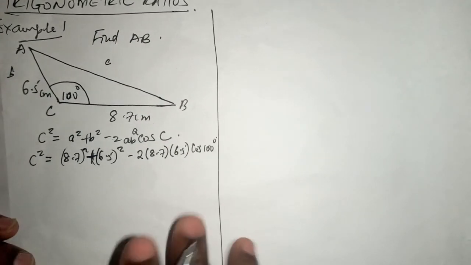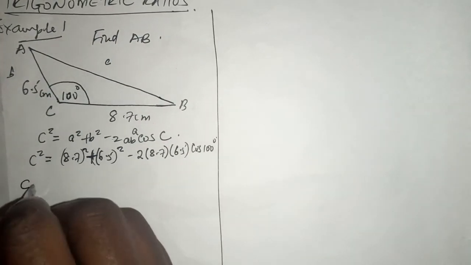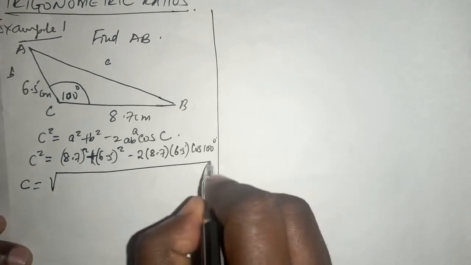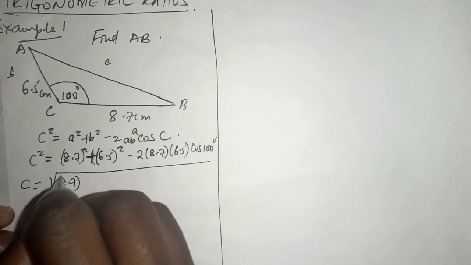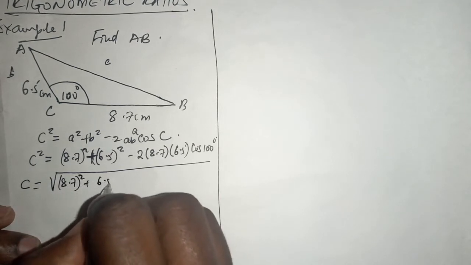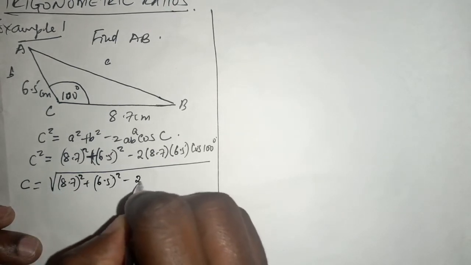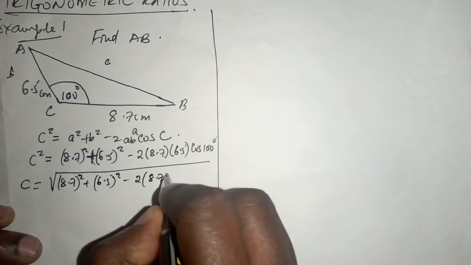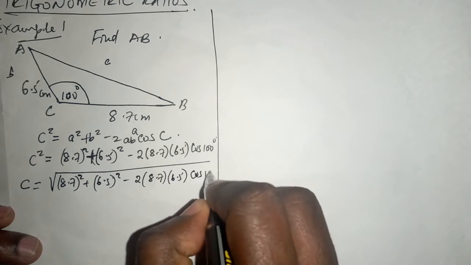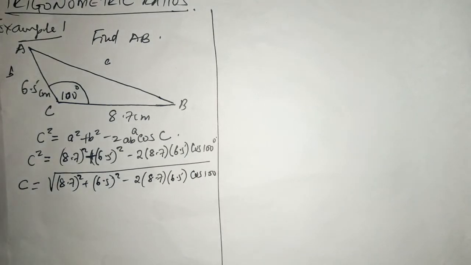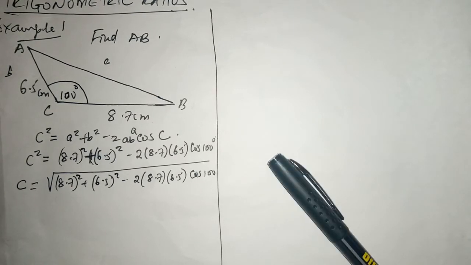After you have that arrangement, you will find that C is the square root of 8.7 squared plus 6.5 squared minus 2 times 8.7 times 6.5 times the cosine of 100. It is now our duty to establish what this gives us using a calculator.